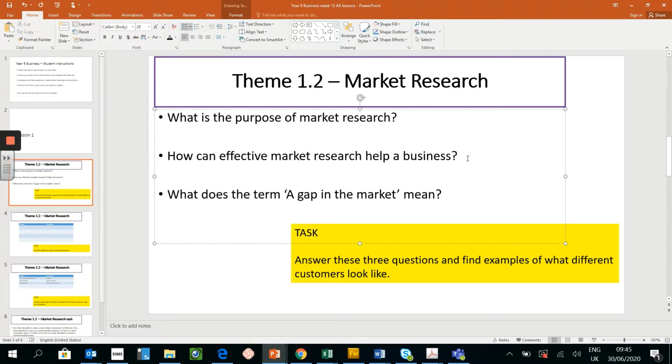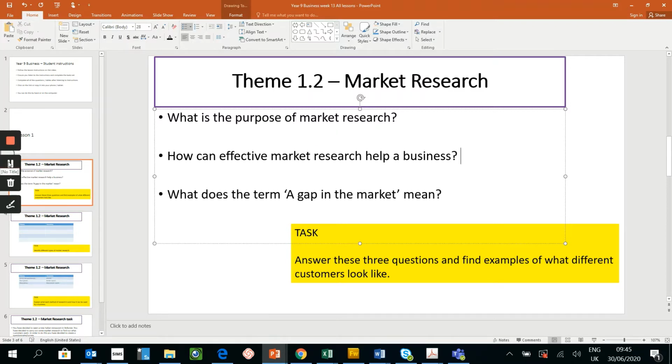If you set them too low, you may not cover your costs and therefore not make a profit. If you don't know what the customers want, you don't know what products or services to sell. So effective market research is about making the correct decisions based on the information that you've received from your customers or potential customers and your competition.